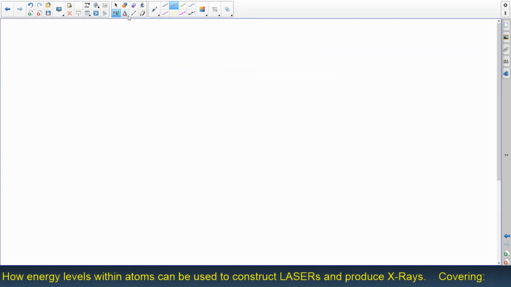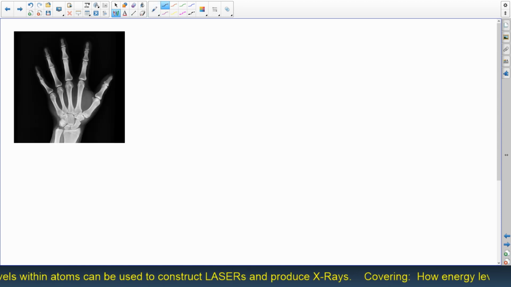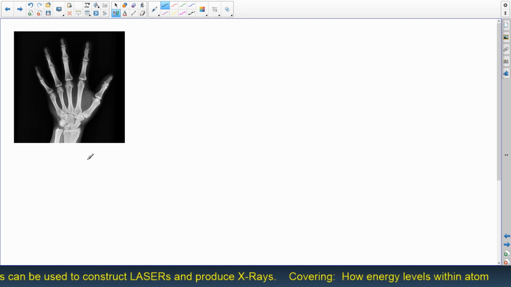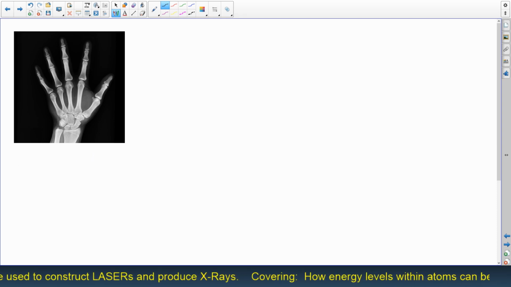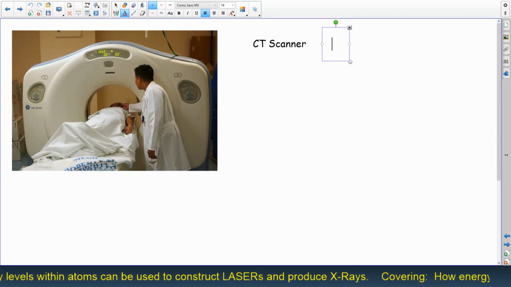Okay, so whilst we're here though, and we've produced some X-rays, maybe we can go a step further, because a standard X-ray is pretty good for letting you see that you've broken a bone in your hand or something along those lines. But maybe we want to see something a little bit more impressive. Maybe we want to build something like this.